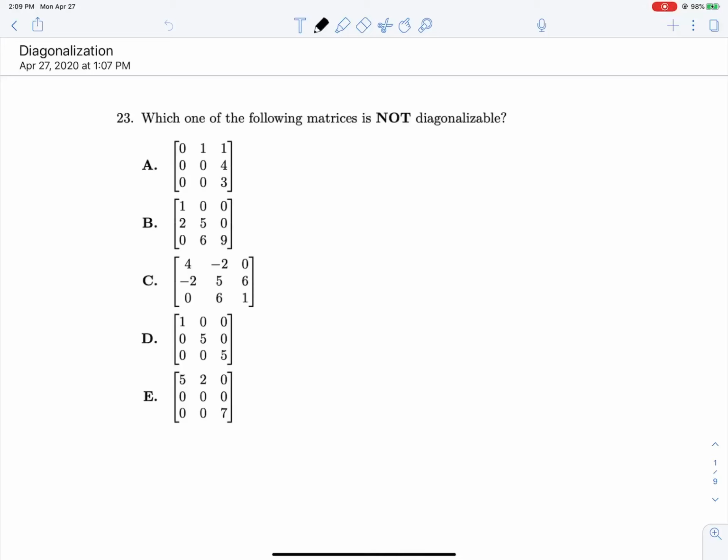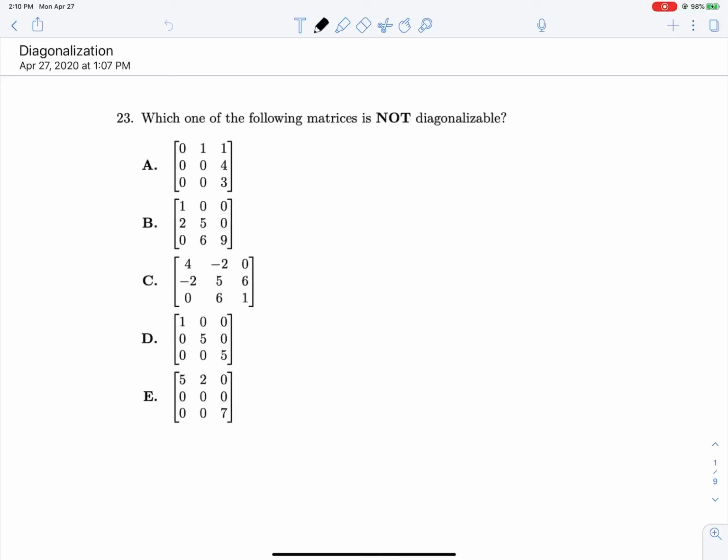One thing that might come in handy is that if we have an n by n matrix with n distinct eigenvalues, our matrix will be diagonalizable. What else? A symmetric matrix, so one that is equal to its transpose, is also always diagonalizable, and that right there should be good enough for us to figure this one out.